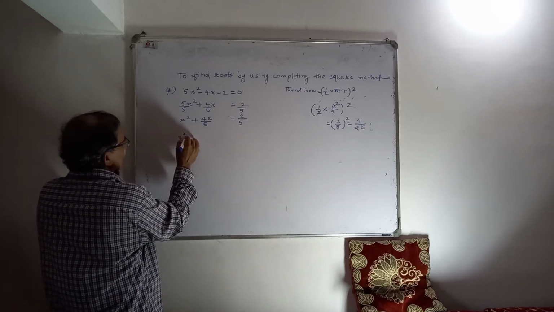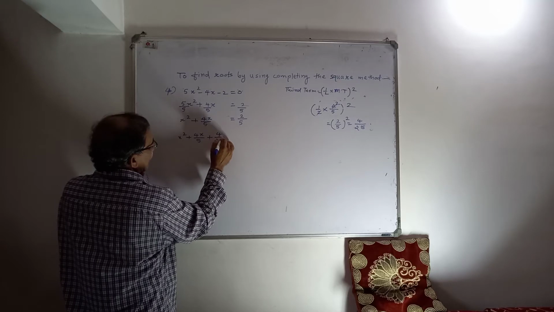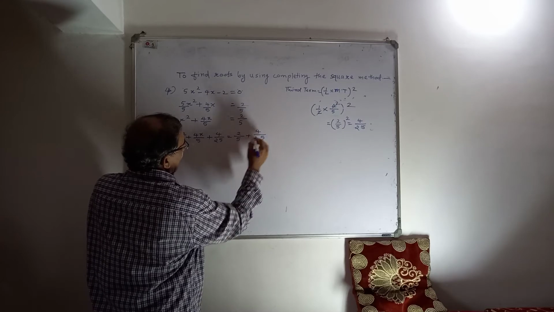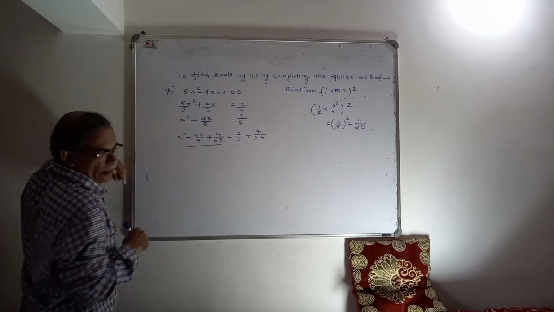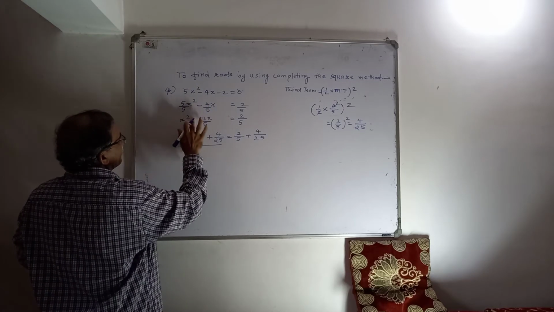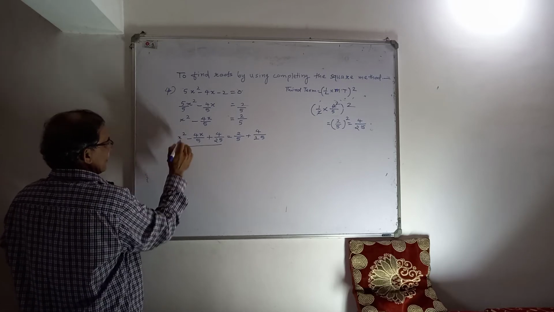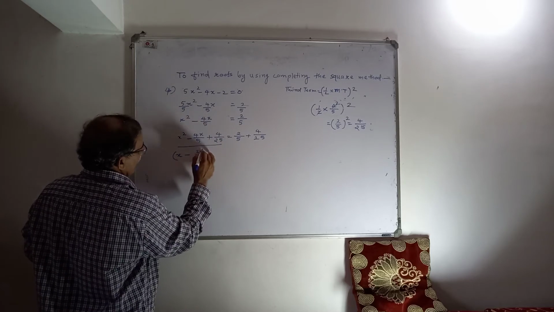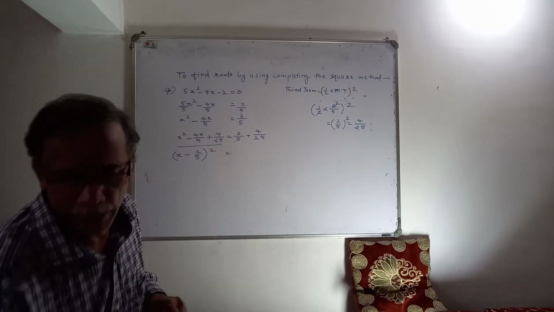So x square plus 4x upon 5 plus 4 by 25 is equal to 2 by 5 plus 4 by 25. So now you can write in the form of, sorry, that was minus sign, no? Okay, this is minus. So this is whole square of whom? See, x square is square of x. Now here minus sign will come, and this is square of 2 by 5 whole square is equal to, now here 5 5 are 25 we get, isn't it?